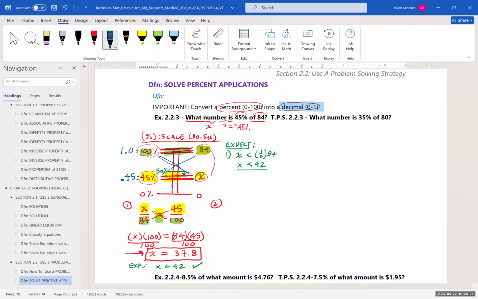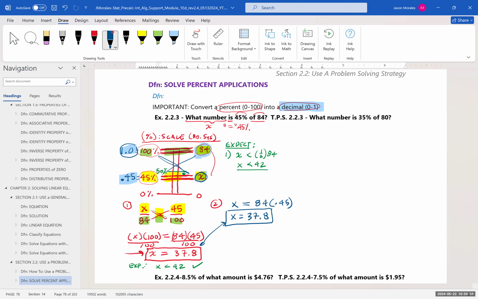We have x times 1, which is just x, equal to 84 times 0.45. When you do that on your calculator, you get 37.8, the same answer that we got using the other method.